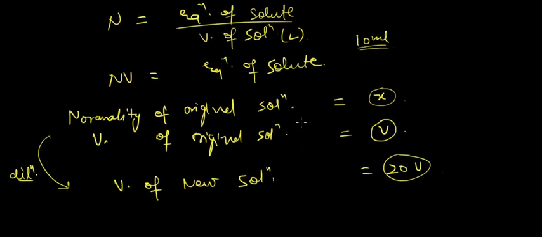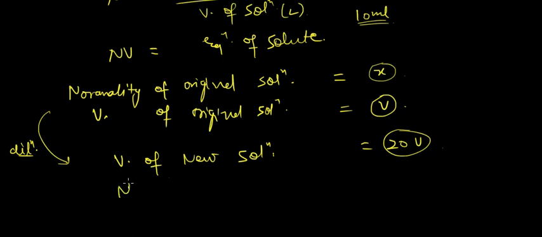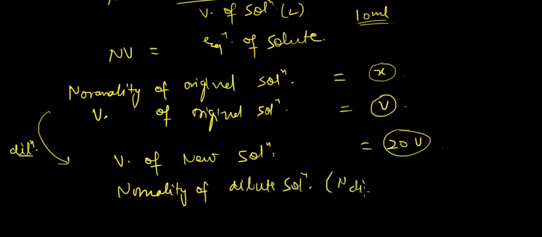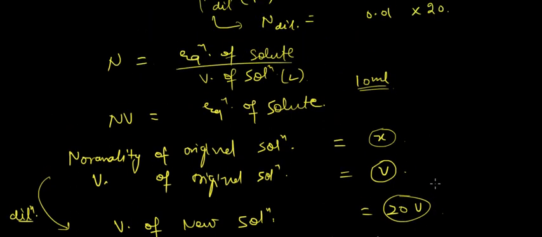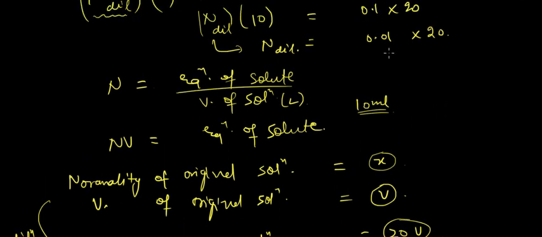Okay, so we know that the normality of diluted solution, which is N dil, which we calculated in the previous step, would be, how much? It is 0.2.